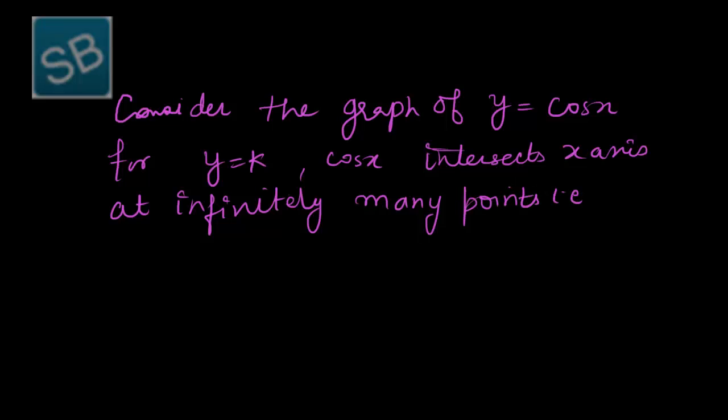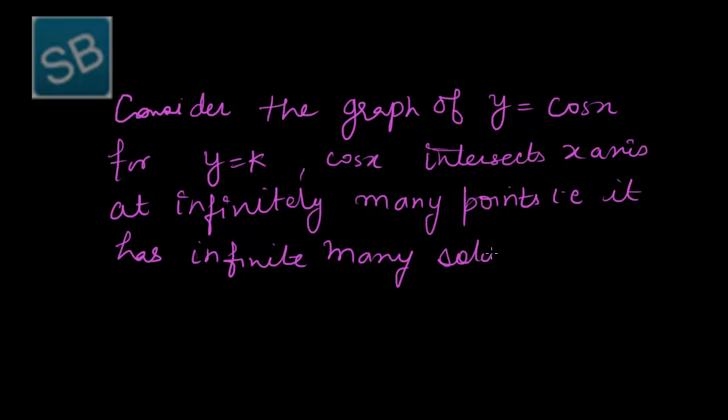That is, it has infinitely many solutions. That will be understood by considering the graph of the cos function. So we are going to draw the graph of the cos function.